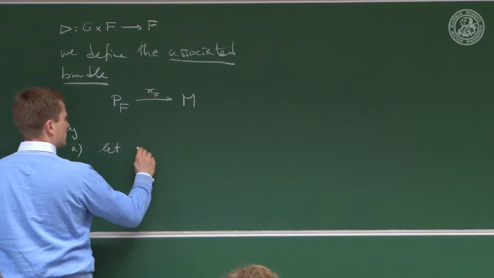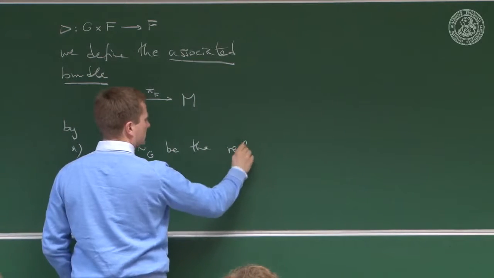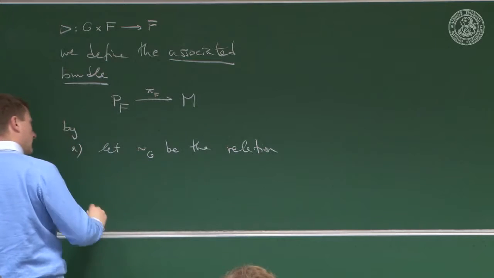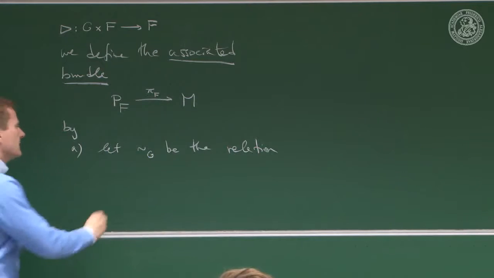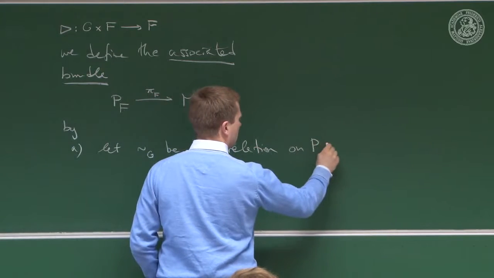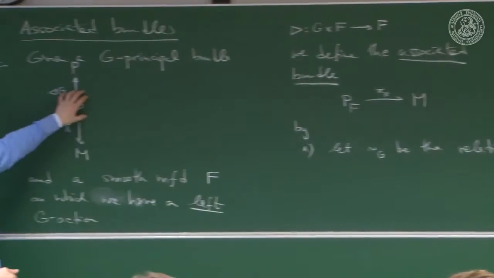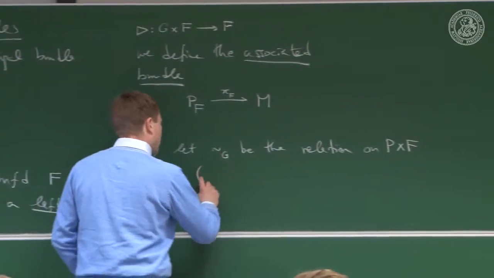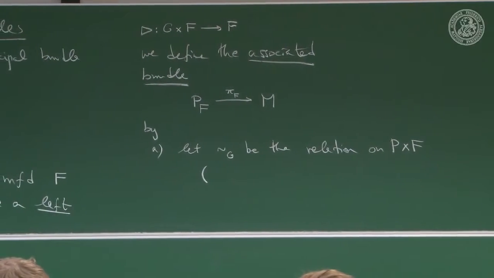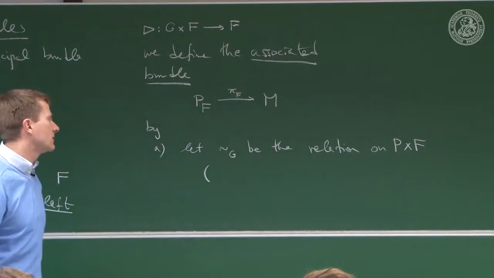So let ~_G be the relation on P Cartesian product F. So first of all, we take the total space of the principal bundle and attach to each point of the total space this manifold F. But that's a very big manifold then. We'll make it smaller again by defining an equivalence relation and then only looking at the quotient space.